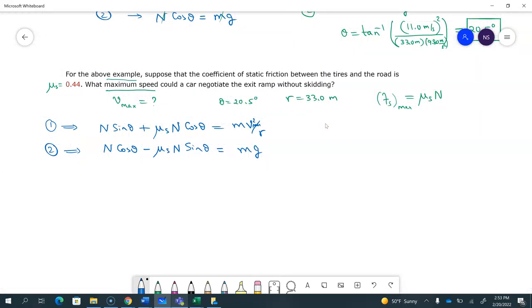Once again, it's very tempting to divide 1 by 2, so let's do that. So if I divide equation 1 by equation 2, I'm going to take the n outside, right?